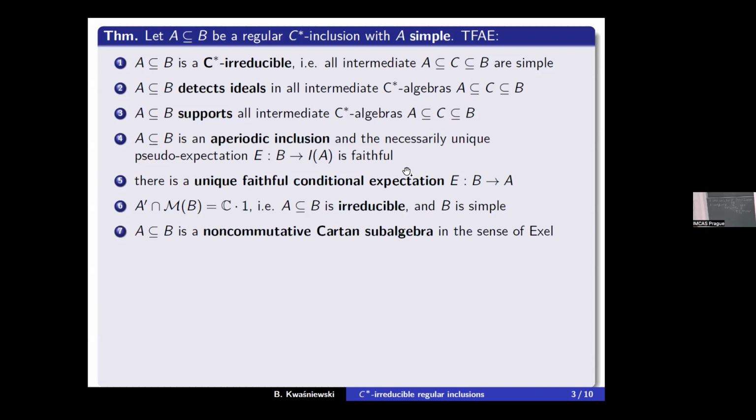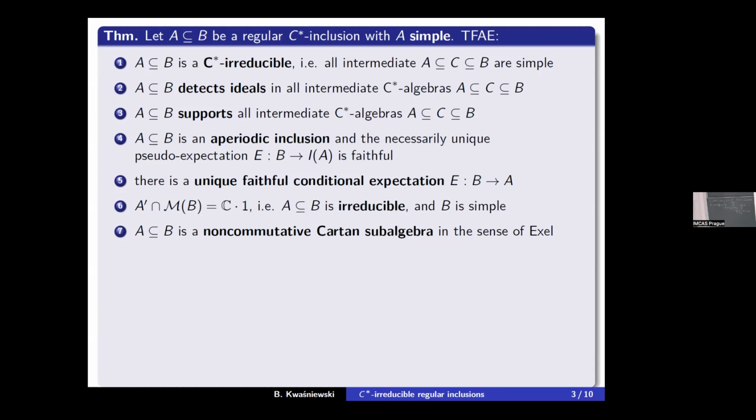In 7, this is the notion of Cartan subalgebra. Maybe you have heard about these Renault Cartan subalgebras. These are defined axiomatically as inclusions that you can then prove come from twisted groupoids.